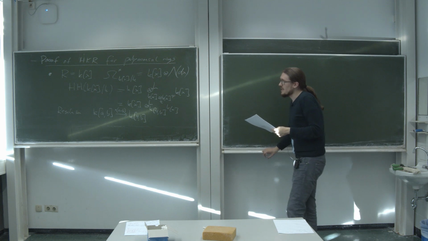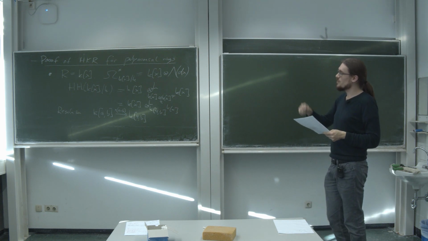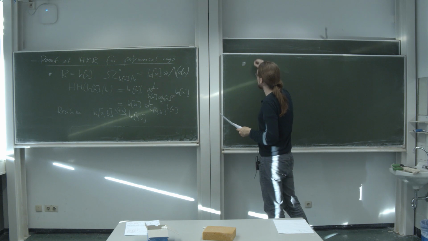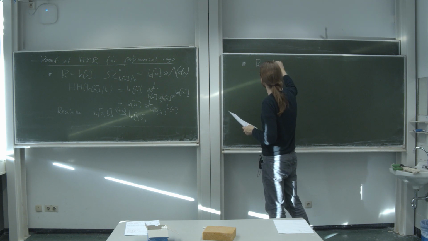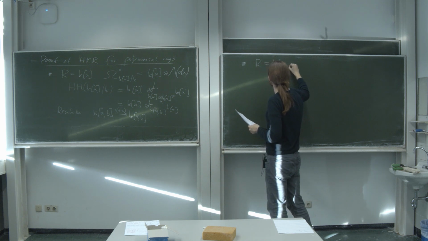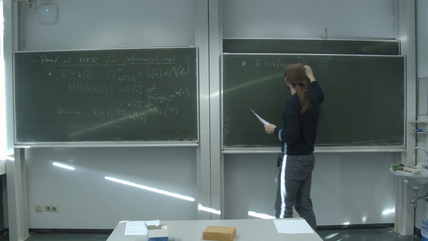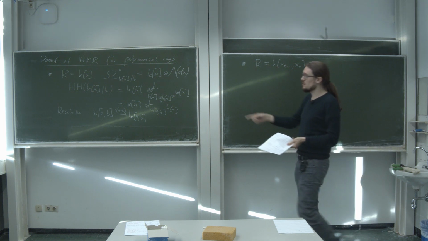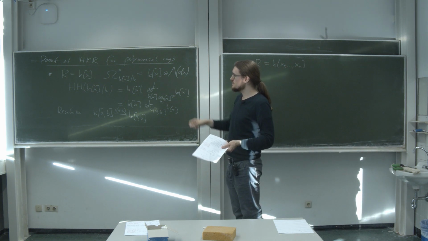So this settles the case of polynomial algebra in one generator. What do we do with a polynomial algebra in n generators? Well, this is just an n-fold tensor product of copies of the first case.